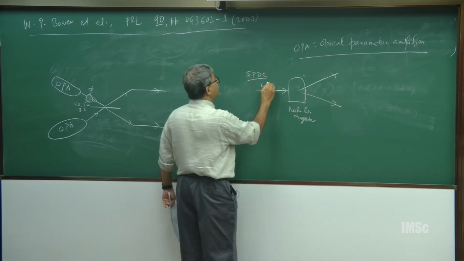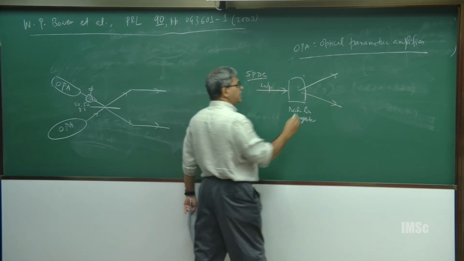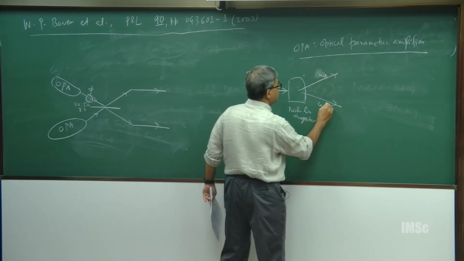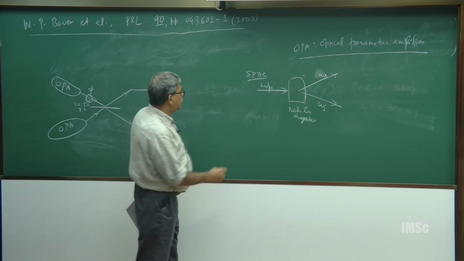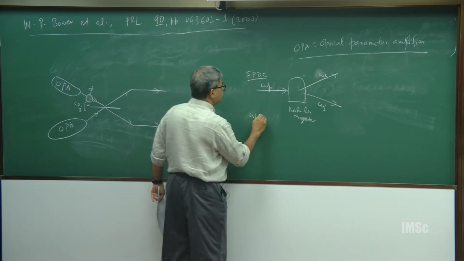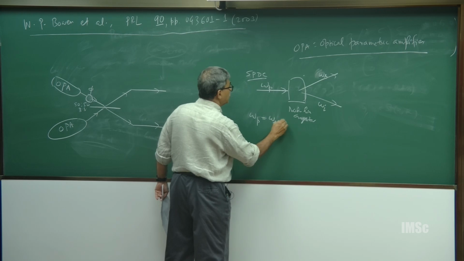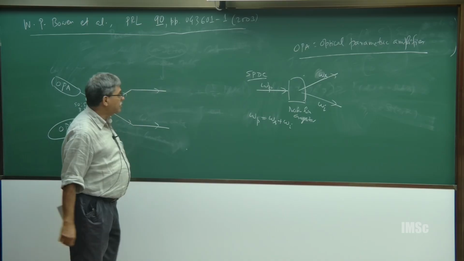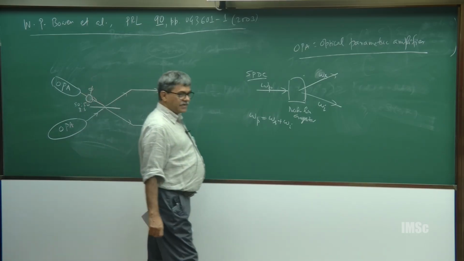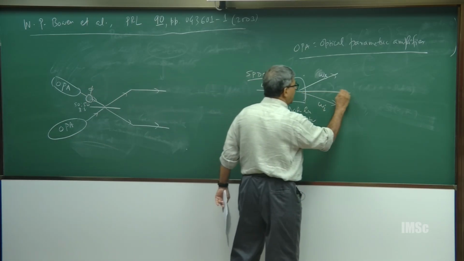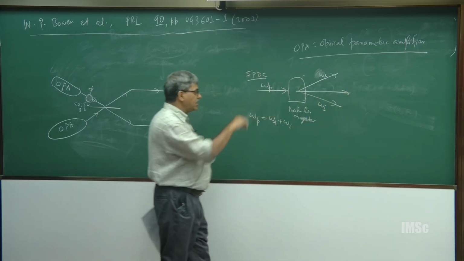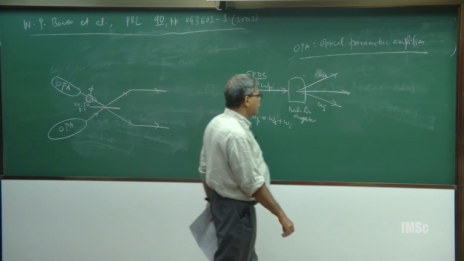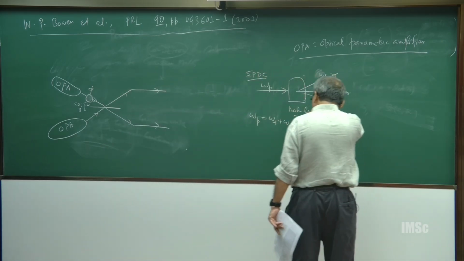If the pump beam has frequency omega p, and this is the signal beam omega s and omega i, the idler beam, then we have conservation of energy, which is omega p equal to omega s plus omega i. Also we have conservation of linear momentum. So, this is the SPDC. Most of the times the beam will pass through, but occasionally you have these two outgoing beams. This is what is known as spontaneous parametric down conversion.